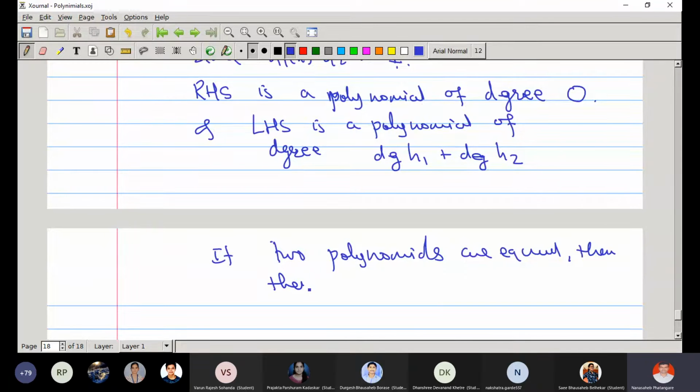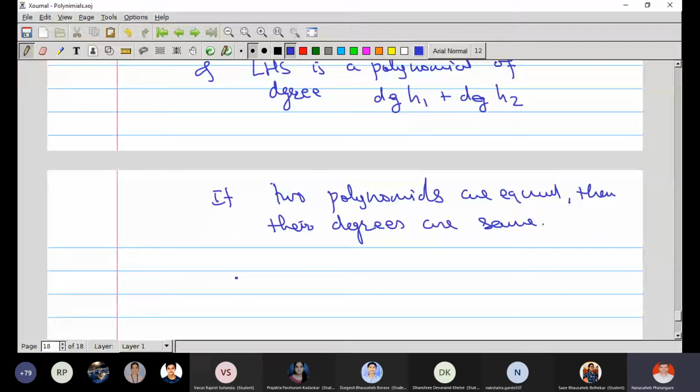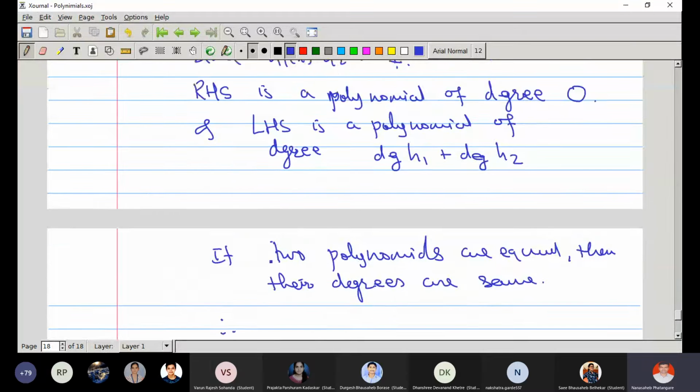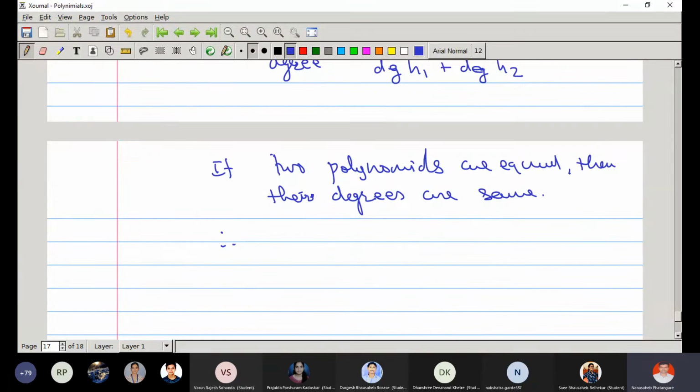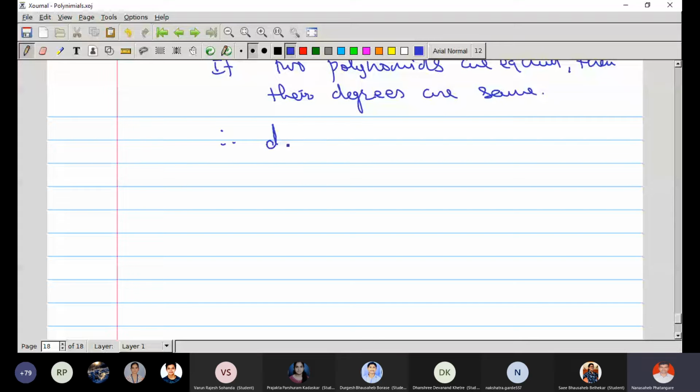Therefore, what can we say about h1 into h2? h1 into h2 is the same as 1, and therefore their degrees are the same. So degree of LHS is equal to degree of RHS. That means degree of h1 plus degree of h2 is equal to 0.